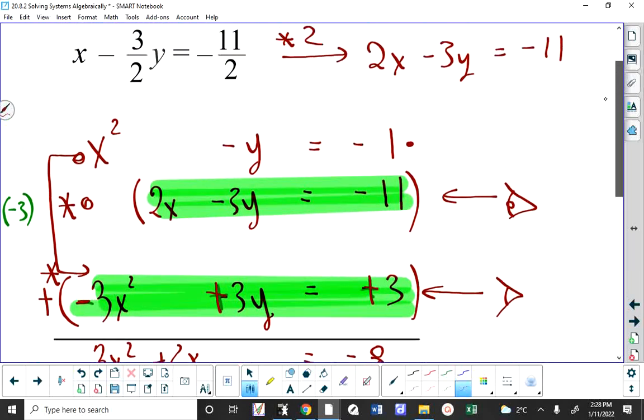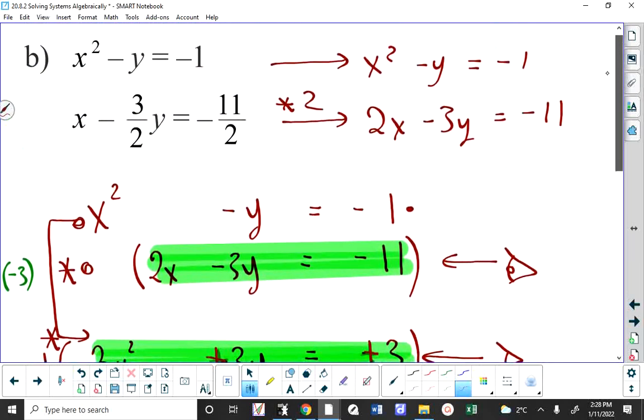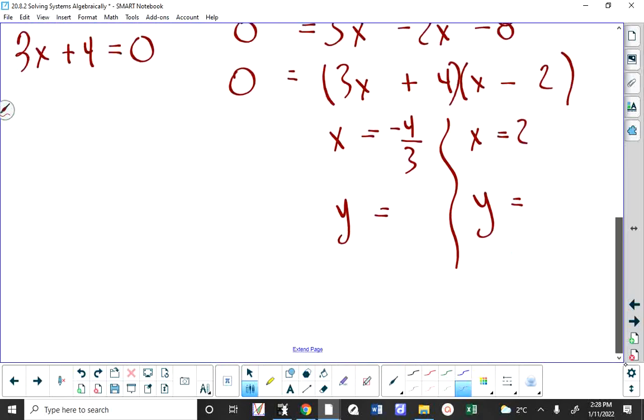Let's see. Oh, I like the top equation to find y. If x squared minus y equals negative 1, then y equals x squared plus 1. Rearranged. I move the y over, I move the 1 over. So all I have to do is square x and add 1.